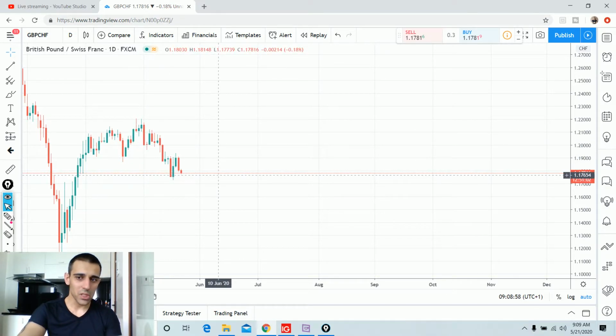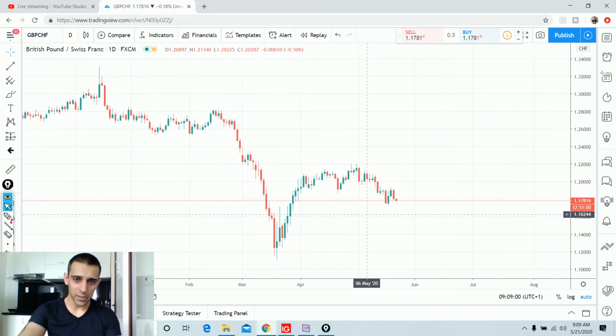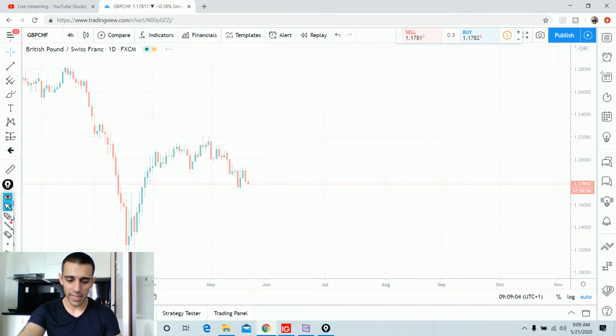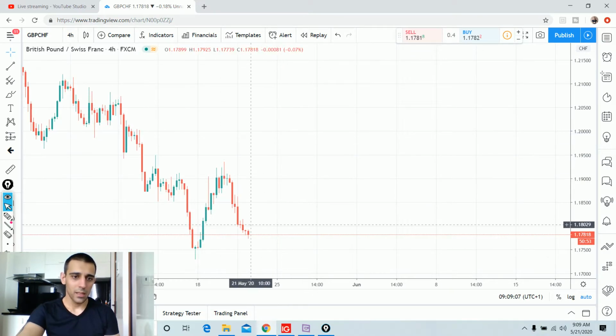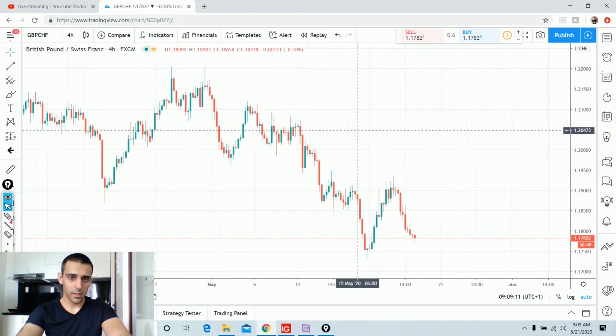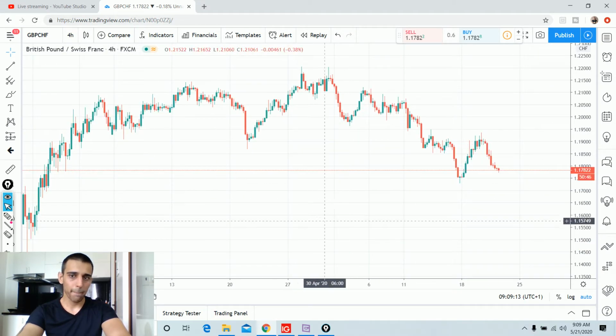Yeah, the view looks the same, and to trade this one today, let's have a look at the shorter time frames before I make any suggestions. So this is a 4-hour time frame.